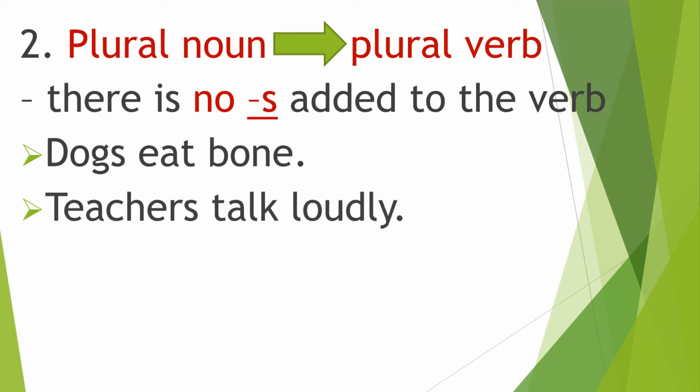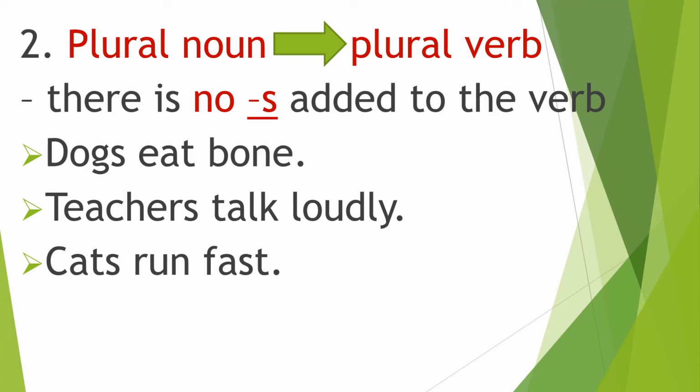Another example, teachers talk loudly. Now, the subject in the sentence is teachers, which is plural noun, and it takes the verb talk, which is in plural form. Another example, we have cats run fast.